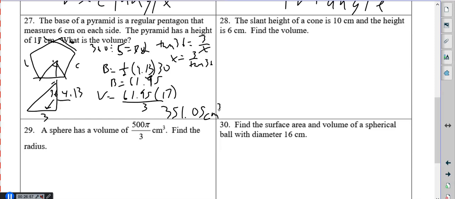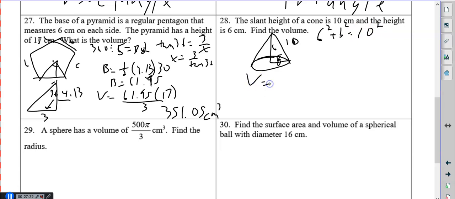All right, the slant height of a cone is 10 centimeters. And the height is 6 centimeters. So we need to find this, which is the radius. Again, this is a Pythagorean triple, 3, 4, 5 doubled, which is 6, 8, 10. And again, if you didn't know that, you could use 6 squared plus b squared equals 10 squared and find out that it's 8.